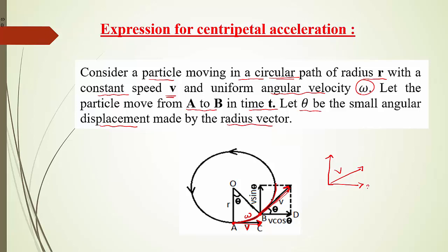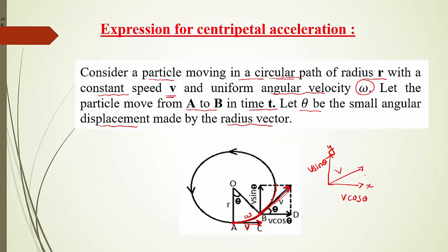The first component is along the x-axis, the second along the y-axis. Along the x-axis we take the component v cos theta, and along the y-axis the component v sin theta. V cos theta and v sin theta are the x and y components of vector v. What did we do here?